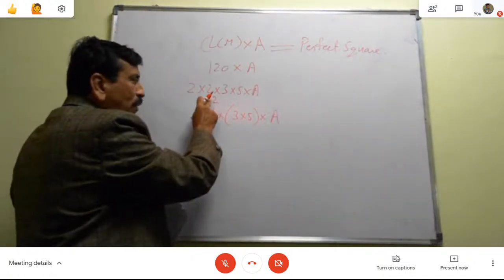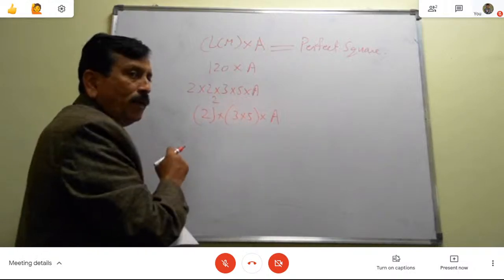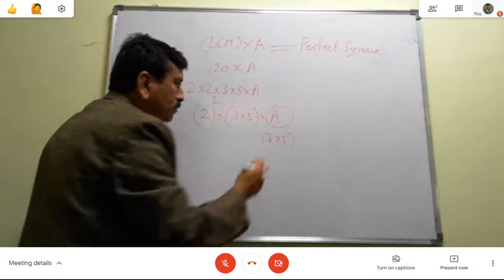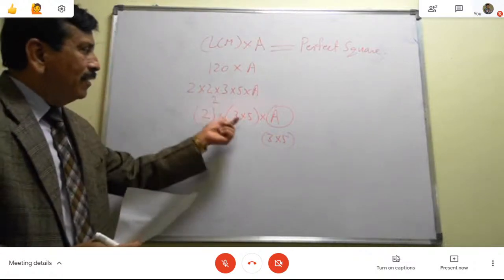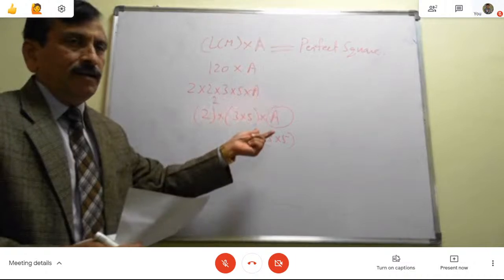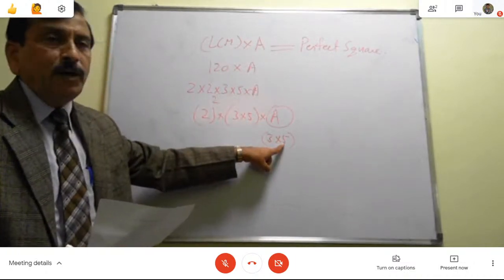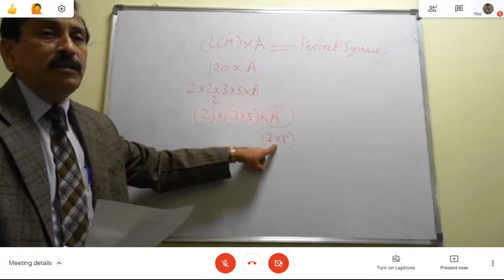So, this is already a square, but 3 into 5 I don't have as a square. So, suppose my value of A happens to be 3 into 5. Then 2 square and 3 into 5 square, so I'll get a perfect square. So, my value of A will be 3 into 5, so the value of A will be 15.